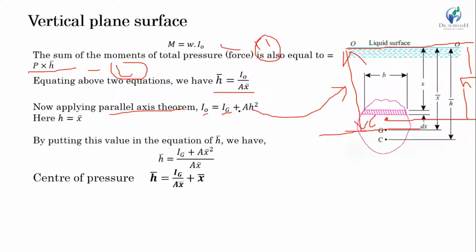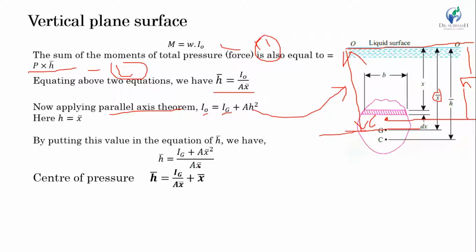But here, as per the given condition, h equals x bar, because we have already considered the distance of CG from the free surface of liquid as x bar. So in this case, h will become x bar. By putting this value of I0 in the equation of h bar, we get h bar equal to (Ig plus A x bar squared) divided by A x bar.